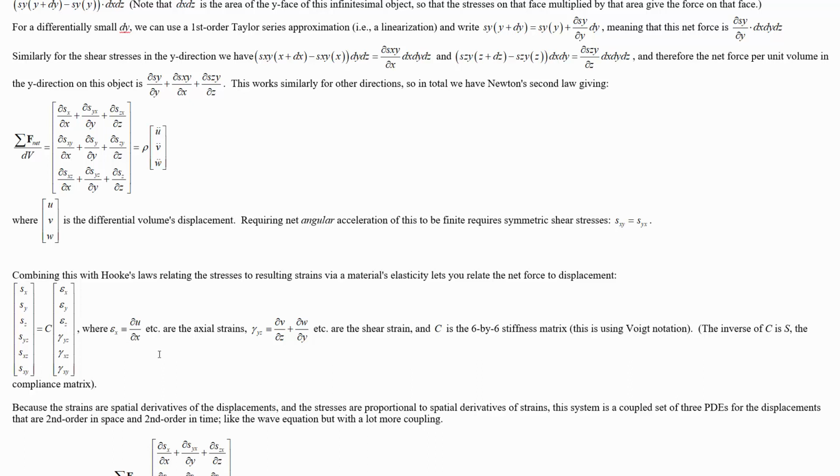And the strains themselves are defined as slopes of the displacements. So the axial strain in x is the partial in the x direction of the x displacement, whereas the yz shear strain, for instance, is ∂v/∂z plus ∂w/∂y.